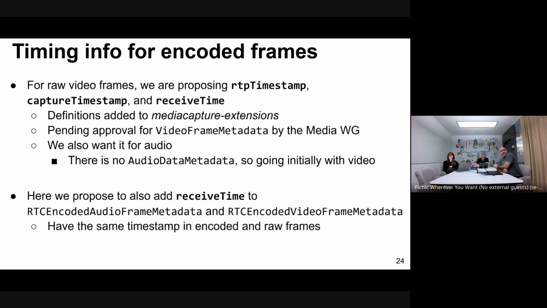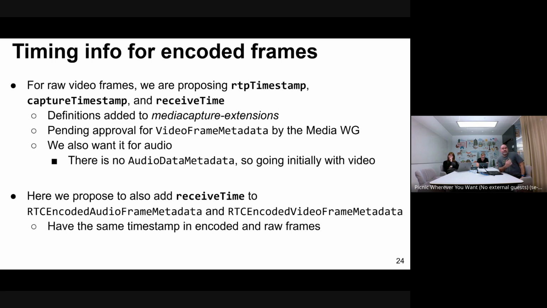On the raw frame side, we are proposing the RTP timestamp, the capture timestamp, and also a receive time. The naming is just derived from request video frame callback, which was the first API to define these fields. So we wanted to add this to video frame metadata so that it's available in media capture transform.